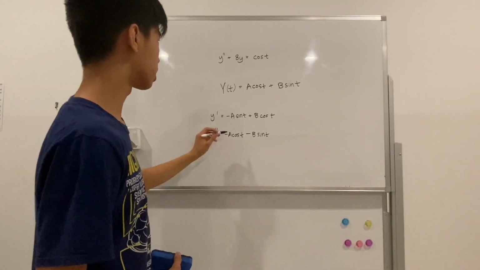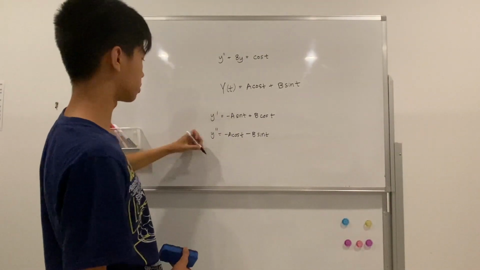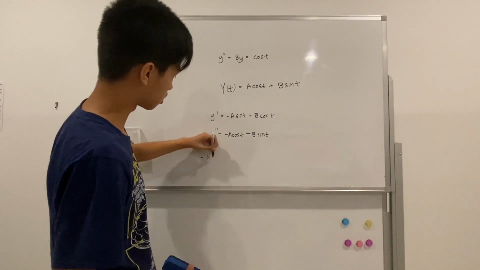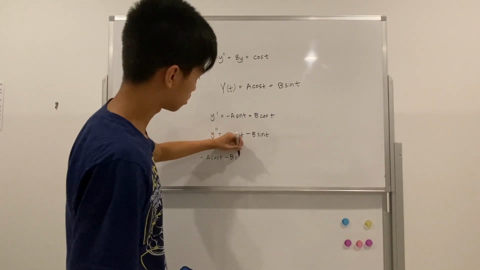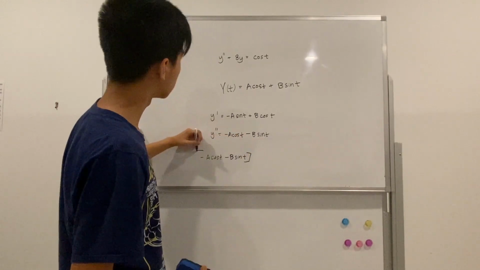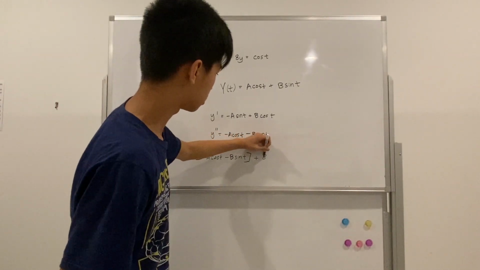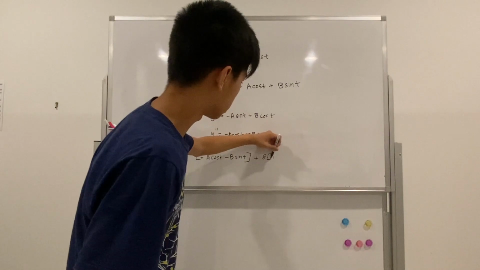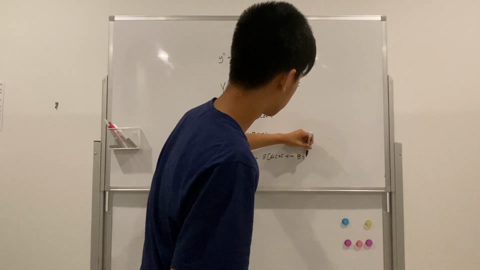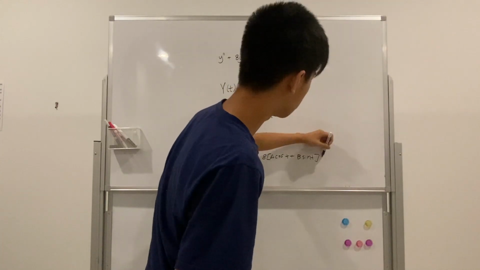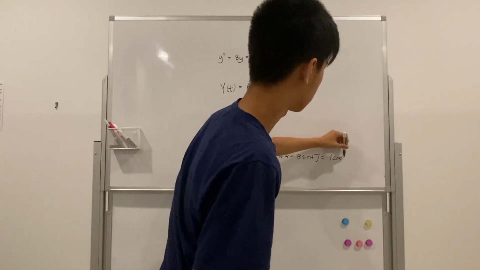So now if we plug these into the differential equation, we get negative a cosine of t minus b sine of t plus 8a cosine of t plus 8b sine t equals 1 cosine t.